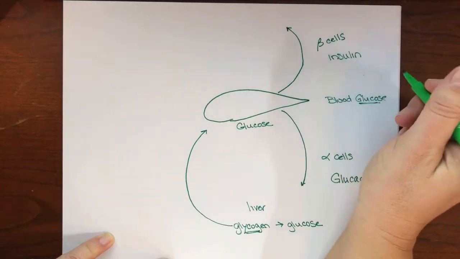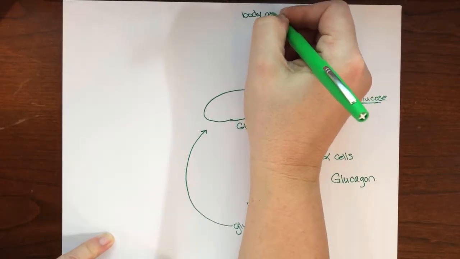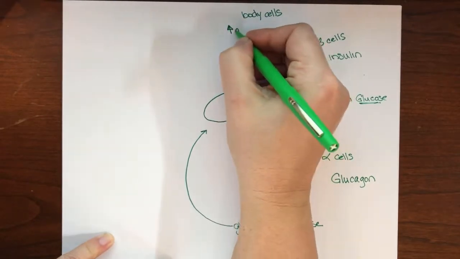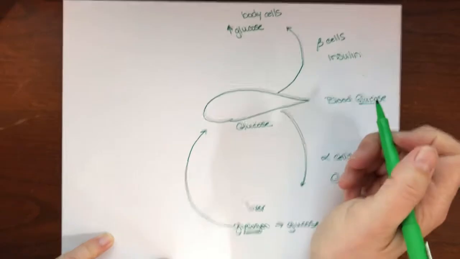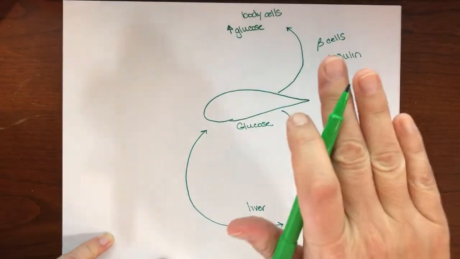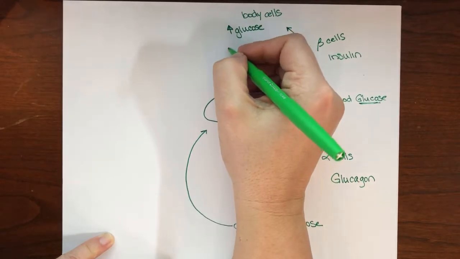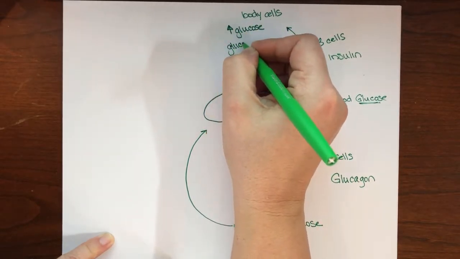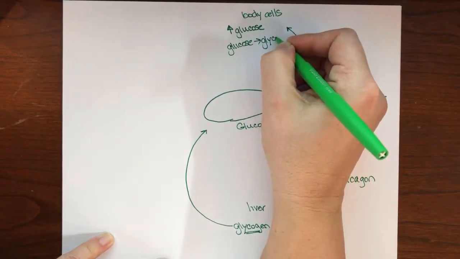Insulin acts on various cells in the body, and it encourages them to uptake glucose. So if these cells are pulling glucose out of the blood, it's actually going to lower the blood glucose level. It's also going to encourage those body cells to convert glucose to that stored version, glycogen.